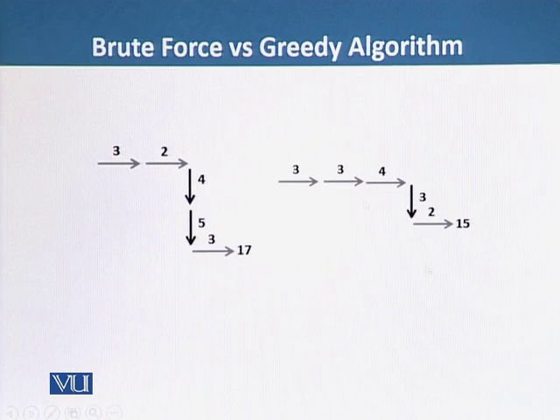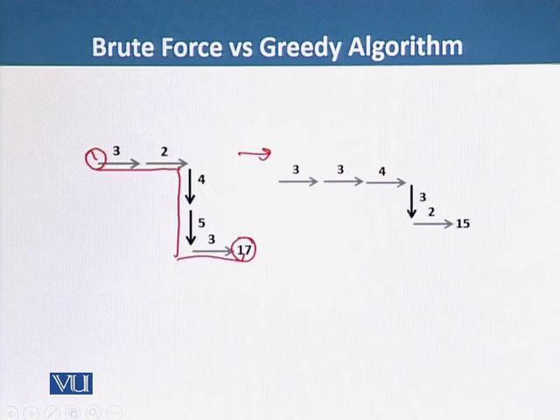On the other hand, this is the greedy algorithm approach. The tourist just starts from the source point and moves in this direction, then in this direction, and it gets a 17 score using this path. If we compare this one with this one, we can see that we just add one step further.